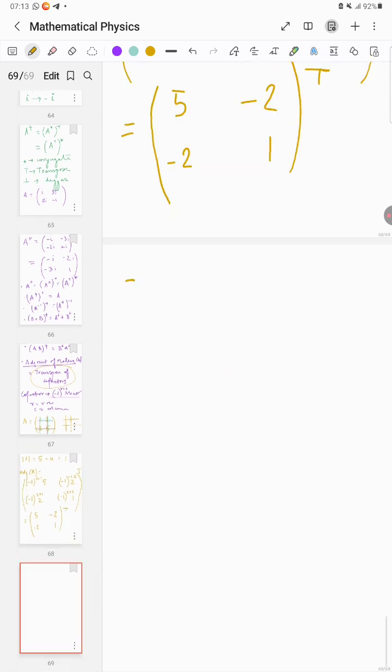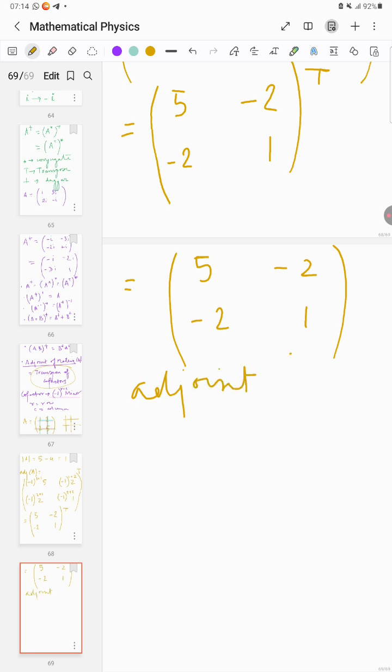So what will be our adjoint? Adjoint will turn out to be 5, minus 2, minus 2, 1. Alright, so this is our adjoint of A.